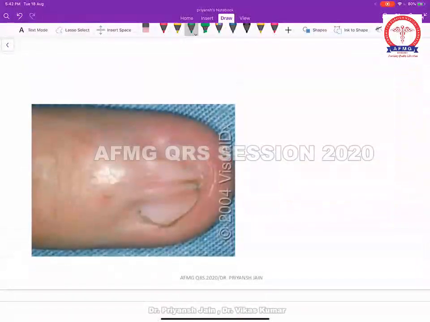Next, what we can see here is, normally we have a proximal skin fold somewhat like this, but in this fellow you can appreciate that the skin fold has extended all the way till here, so that the nail bed is divided into two parts.